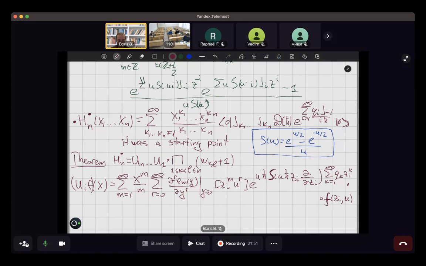Поэтому эта штука обнуляется. Но я еще объясню, в каком смысле это обнуляется, что это значит.